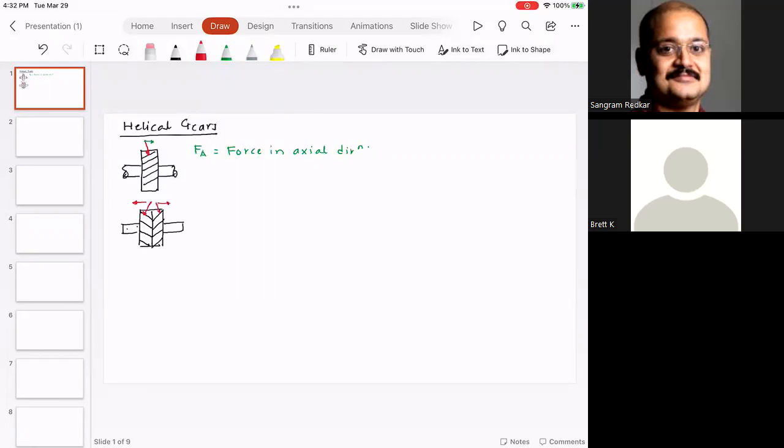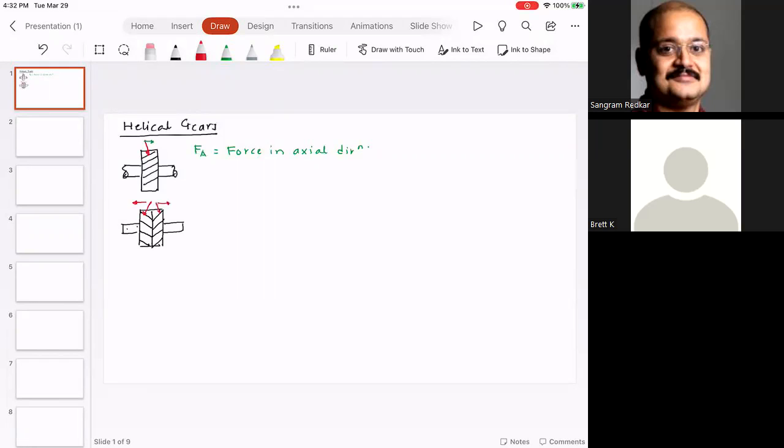Assuming the helix angle is the same, and it will be the same, these two gear forces cancel each other. Herringbone gears or double helical gears are used when the gear train needs to be extremely strong and the power requirement is quite high. So helical gear design process is exactly the same as the spur gear.